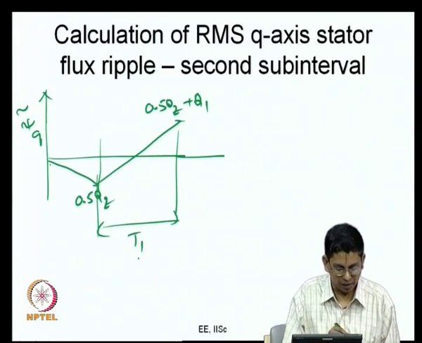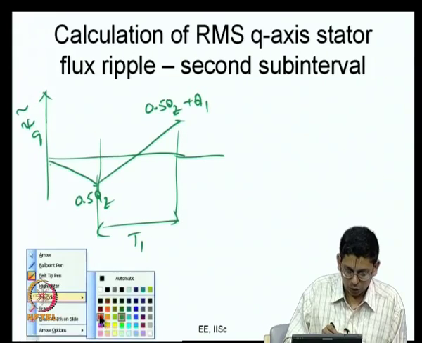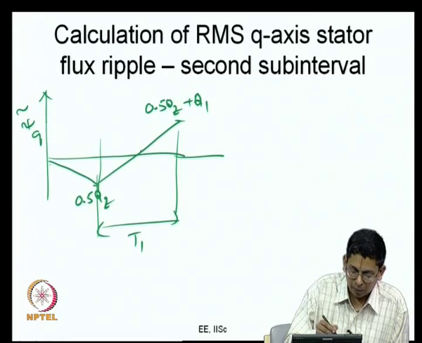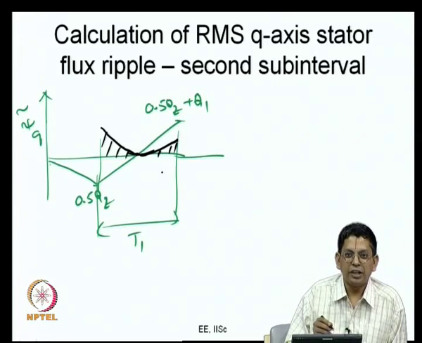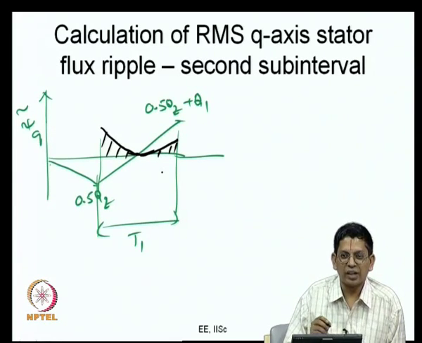If I square that, I will get a parabola sitting here, and there is an area under this parabola. We had just found the earlier expression for this.